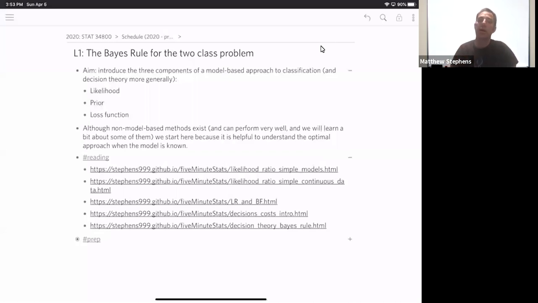So you don't get a definitive diagnostic from the test. You only get some statistical information, and we'll want to quantify that statistical information in the likelihood.